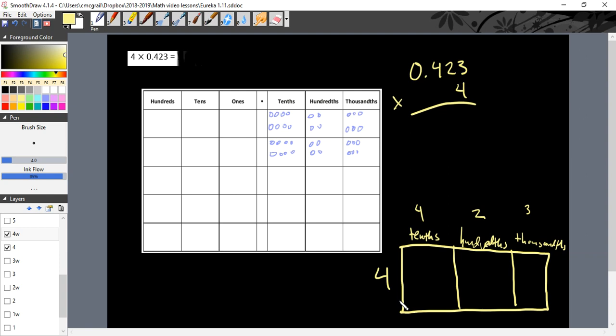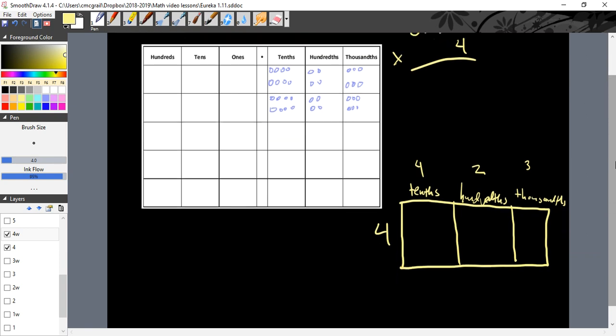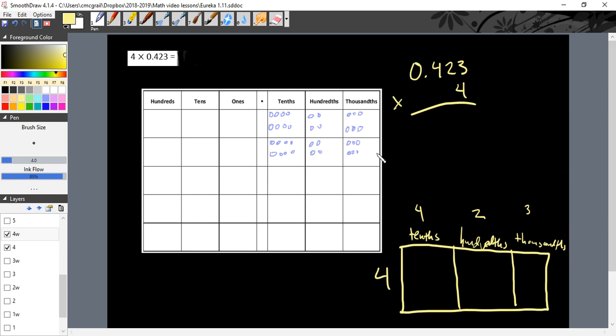So I can see from my place value chart and my area model that I'm going to have 12 thousandths, and I'll just label those TH. I'm going to have 8 hundredths, because 2 times 4 is 8. And I'm going to have 16 tenths.